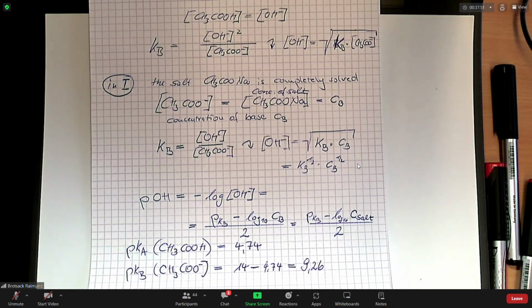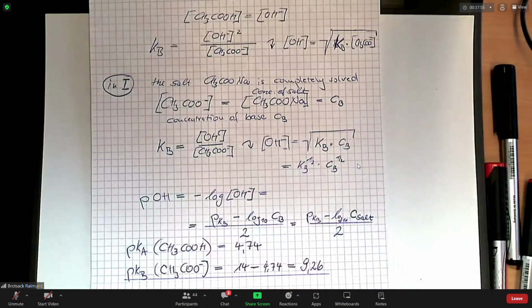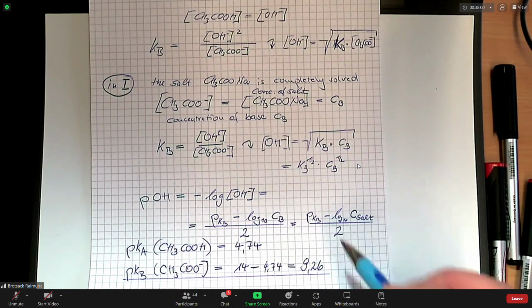So the pKb level is clear. Now pKb, we know it. We have the pKb here.